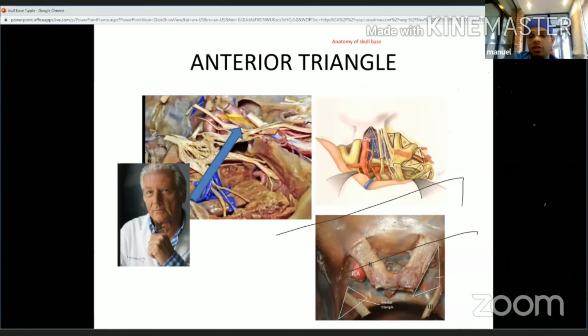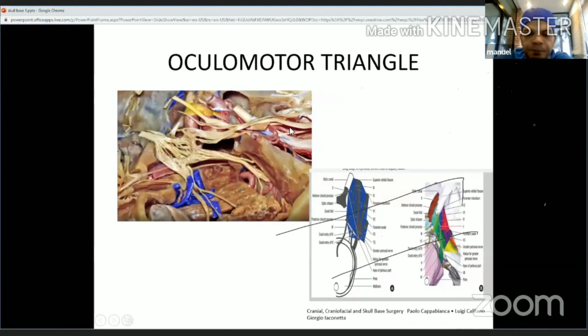So also the name of this clinoid triangle is Dolenc's triangle, okay? Okay, John, next, please. There we have the oculomotor triangle or superior triangle, between the anterior clinoid and posterior clinoid.